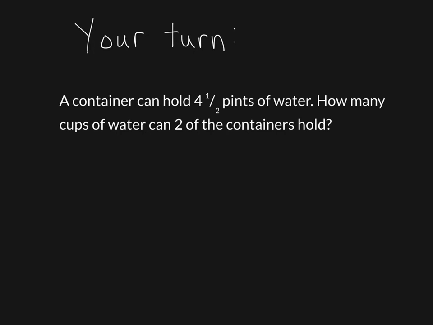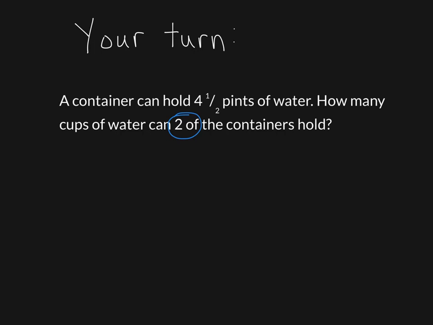And since we are going from pints, which is the larger unit, to the smaller unit of cups, that means we'll be multiplying by a whole number. Then you have to pay attention to the fact that we want to know how much 2 of these containers can hold. So we'll have to take our answer and multiply it by 2.